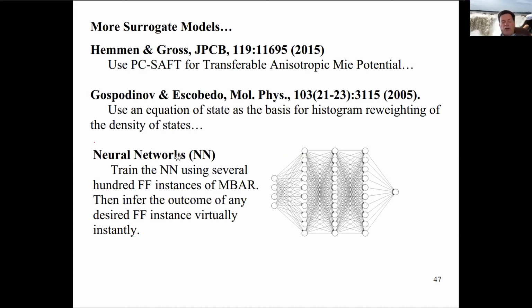Train the neural network, and then you can recompute all the thermodynamics of a new force field basically as fast as we were doing with SpeedMD. But don't forget, you had to put in all the investments, 4 minutes at a time, for all those hundreds of instances, okay? But once they're trained, yeah, you can run that really fast.